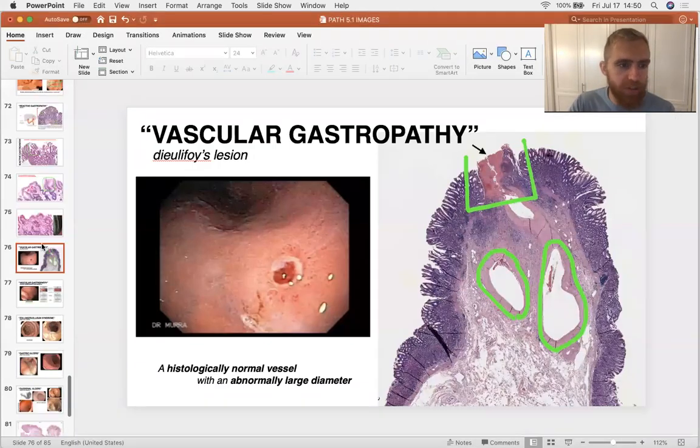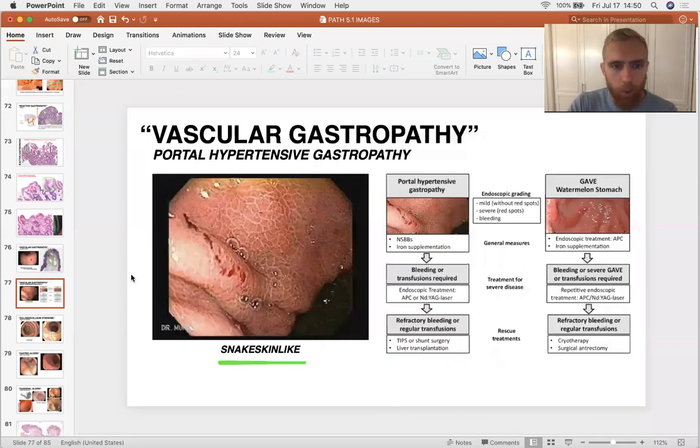And so what we see in this portal hypertensive gastropathy is swelling and dilation of capillary beds within GI organs due to the elevated hydrostatic pressure downstream of the obstruction, so to speak, where you have portal hypertension.